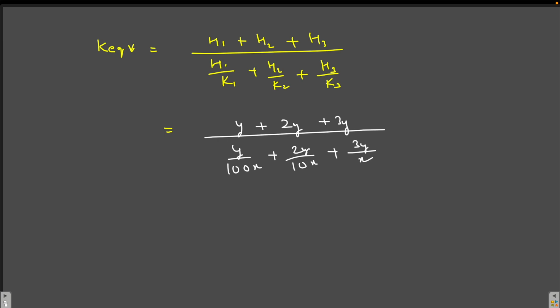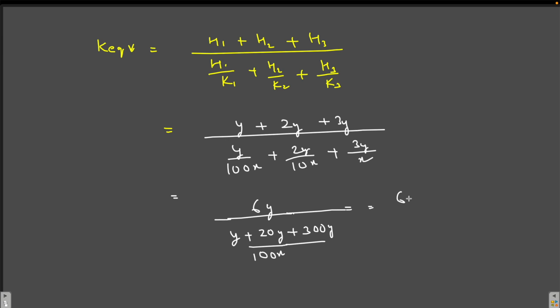Now we have to solve this. It will be again 6y by, let's take the LCM. The LCM will be 100x. So it will be y plus, it is 10 times, so 20y, plus, it will be 100 times, so 300y. Now let's solve this further.